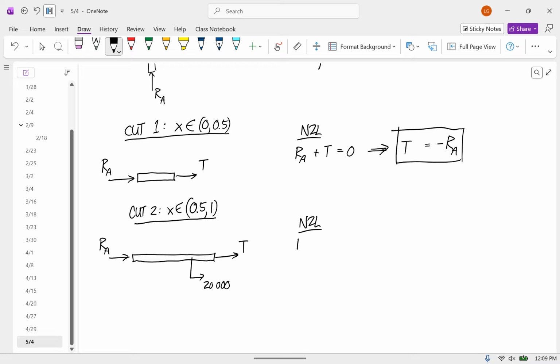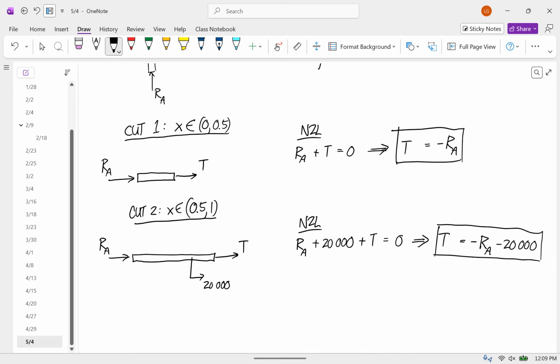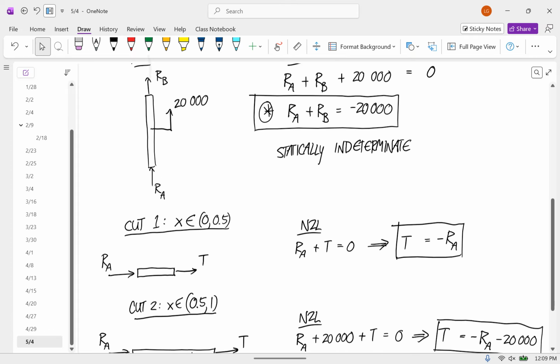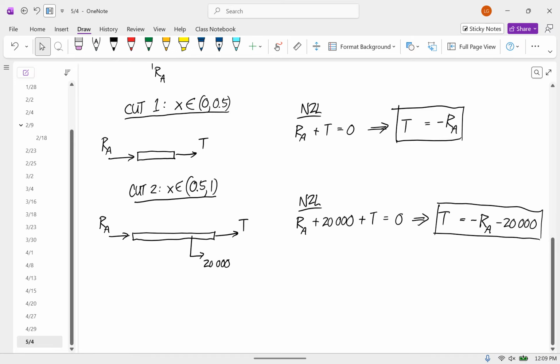So Newton's second law in this direction says RA plus 20,000 plus T is equal to 0. So the internal tension for this part is negative RA minus 20,000. And now that we have those, we can do our elongation calculations due to this internal tension.